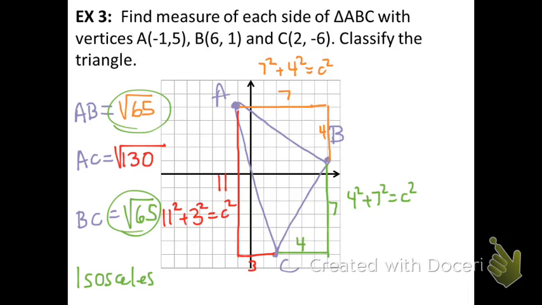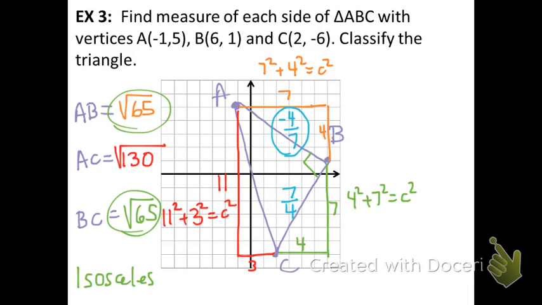In class, we talked about how we verify if this is a right triangle. Even though it doesn't ask us to do that in the problem, we decided we'd go ahead and figure that out. So we talked about identifying the slope from C to B. From C to B, it rises 7 and goes over 4. And then the slope from A to B, it goes down 4 over 7.